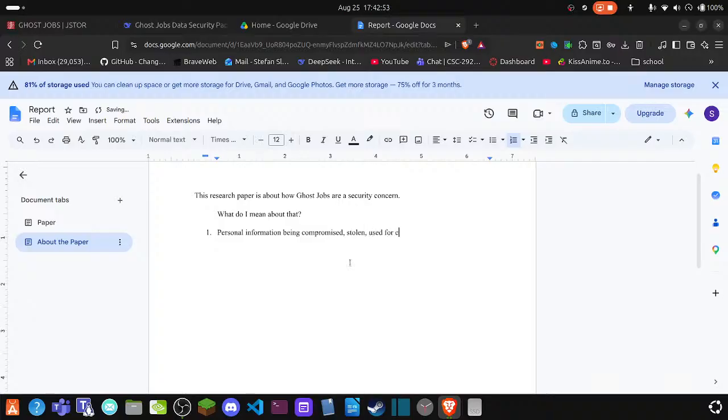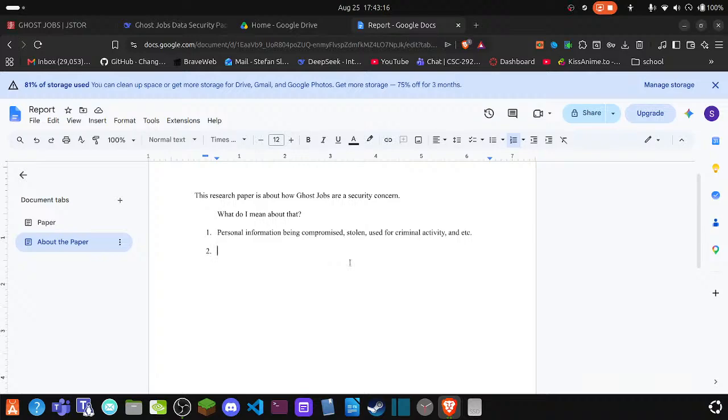I think that's the same as compromised. And so that's the first reason why ghost jobs are a security concern.